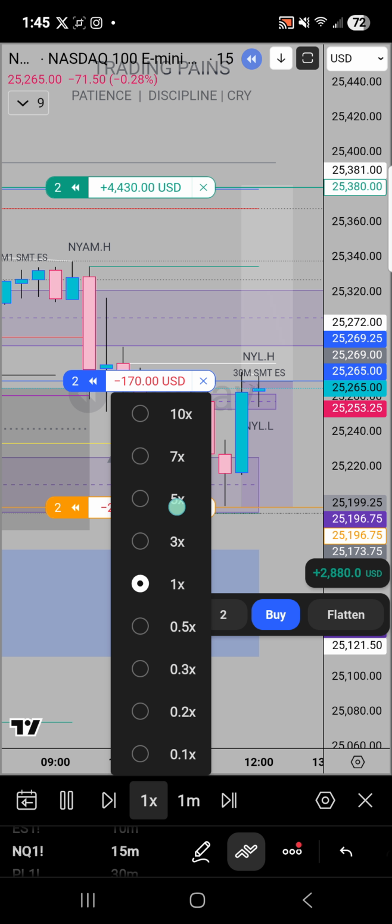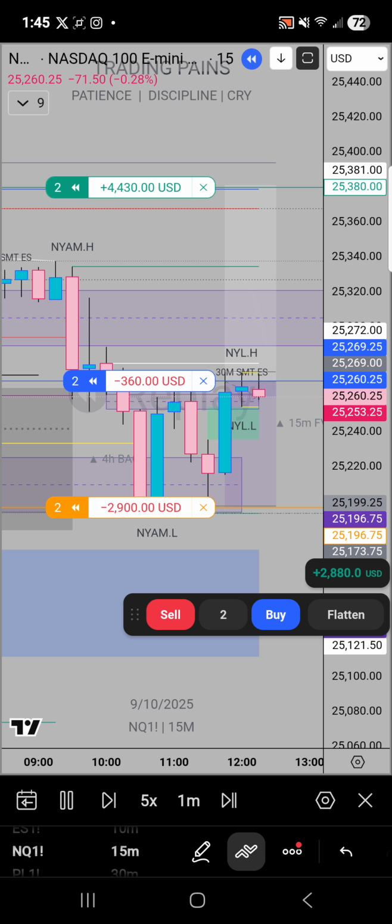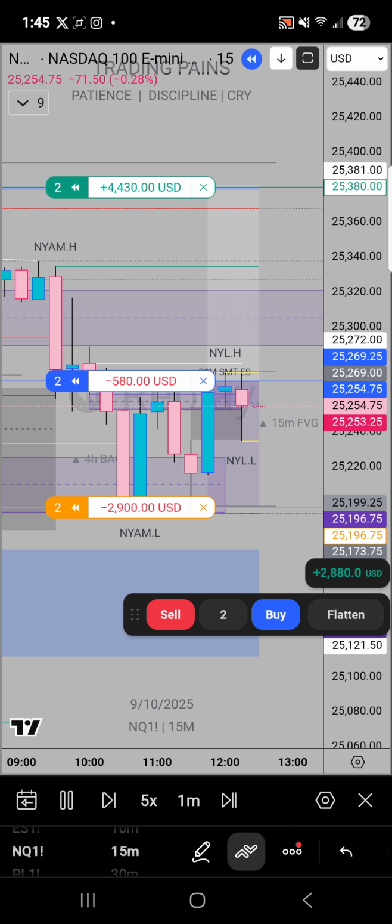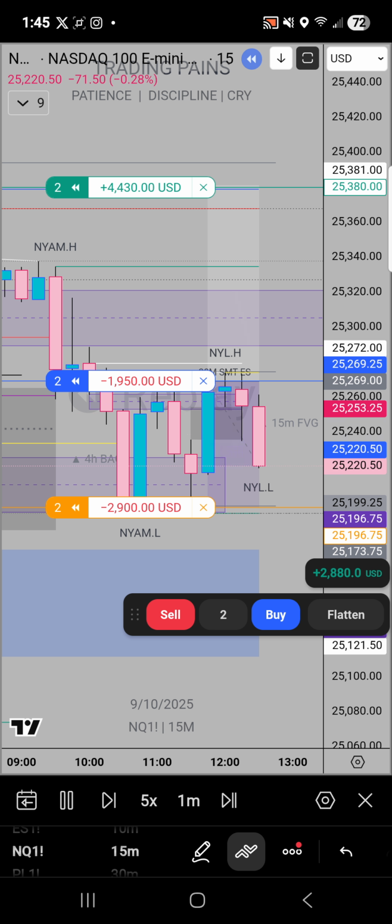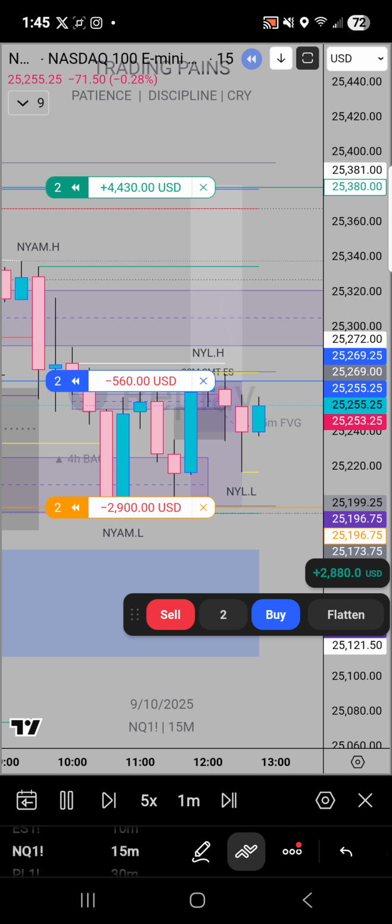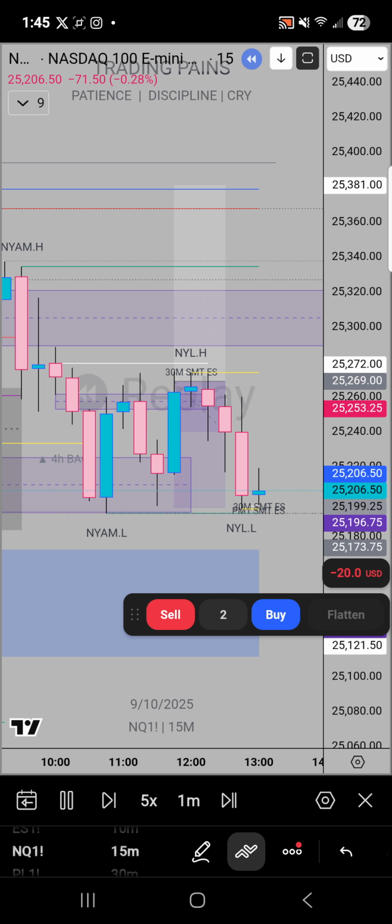Let's speed it up, yeah. Oh no. Accumulation took us out. Damn.